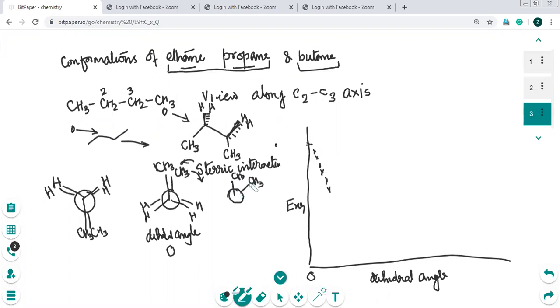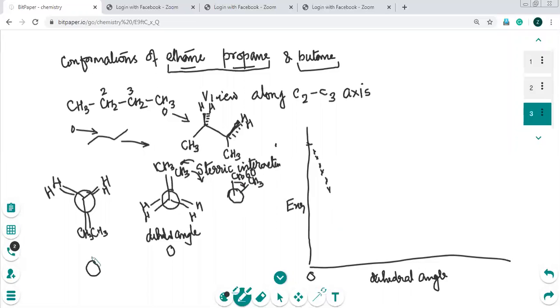Now see here. What is the dihedral angle? This is the dihedral angle, 60. Dihedral angle is 60, and you have a staggered conformation.